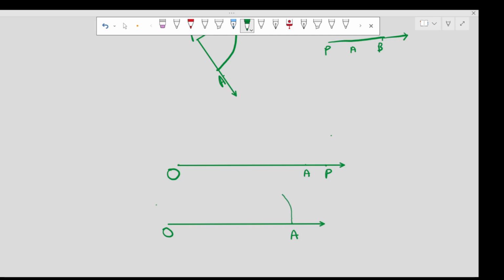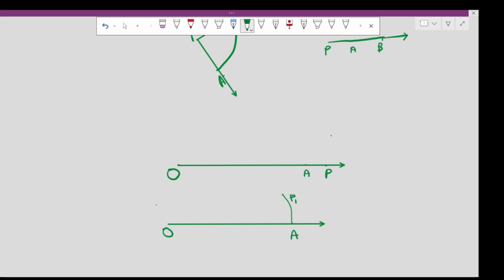Suppose this is the initial position P, and this is the next position P1. Join OP1.